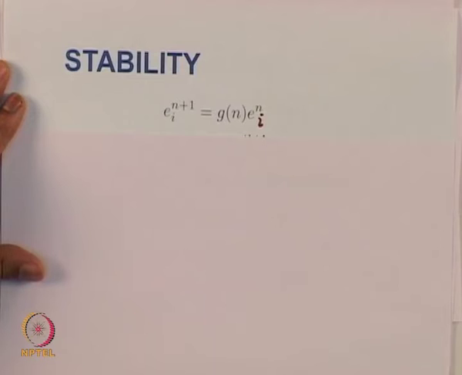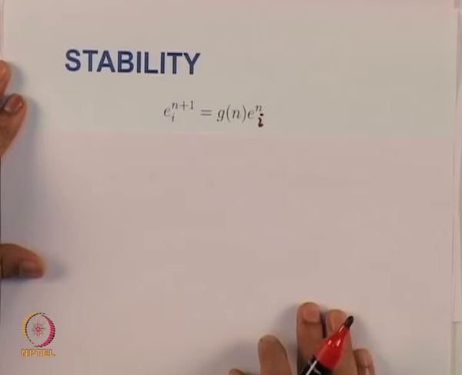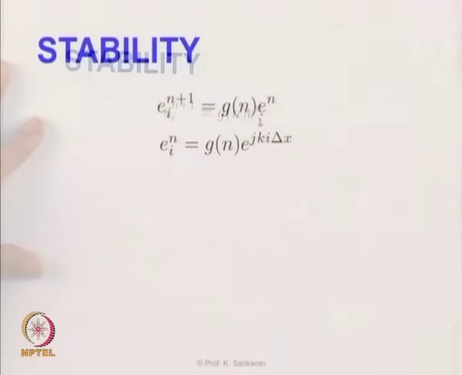And obviously this is something that we can write in terms of delta x and delta t. So we write E of I n is equal to G to the n, E to the j k I delta x, and what we have done here is substitute the value of the error as a function of the solution itself.